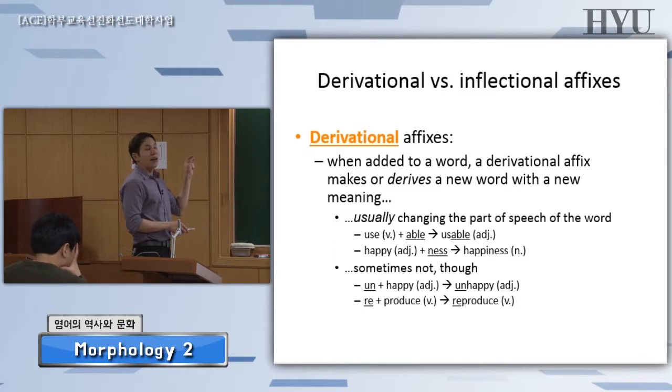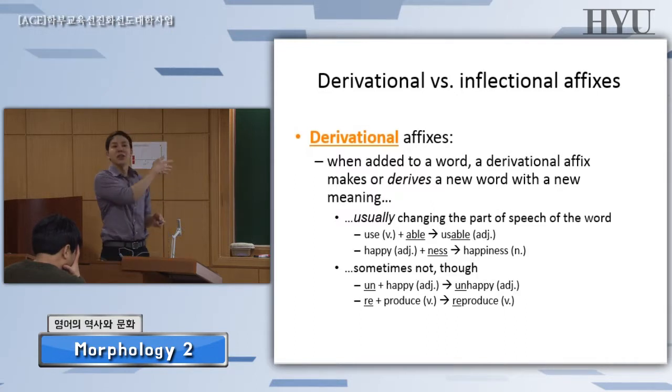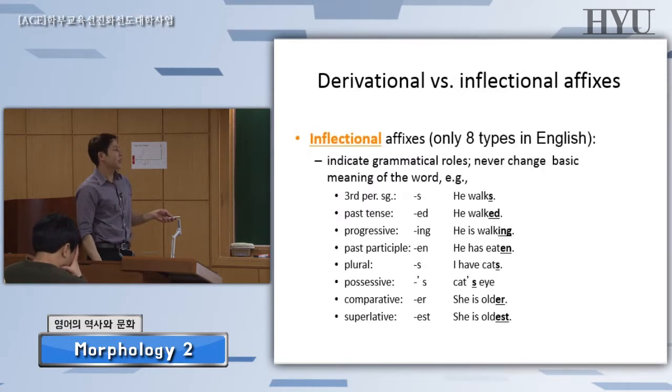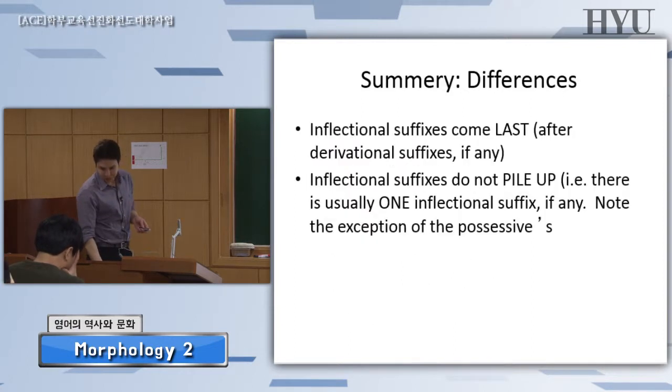You can make an adverb out of this: use plus able plus ly. So you can keep adding derivational suffixes. But for inflectional affixes, you cannot pile them up. So these are the differences between the two categories.